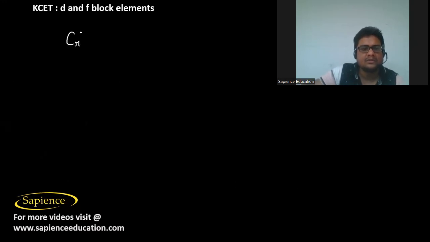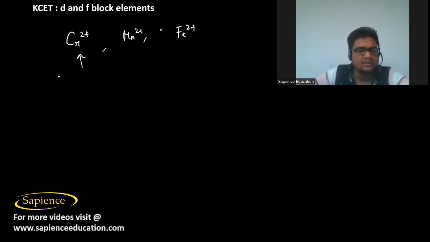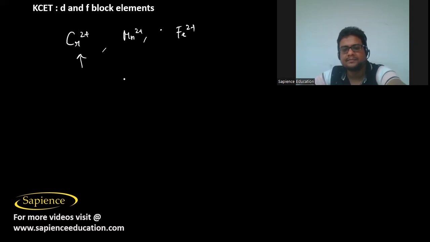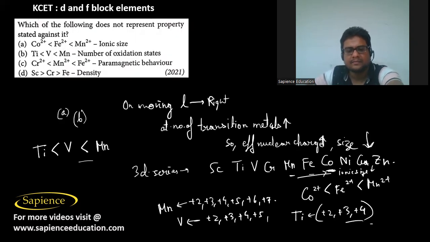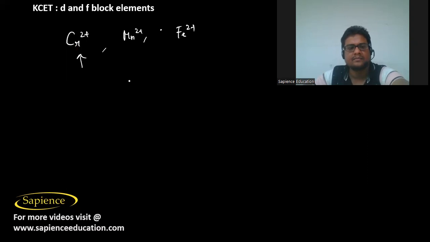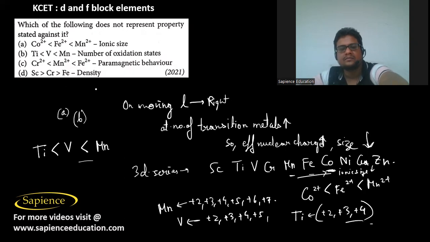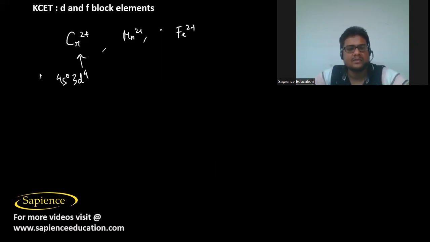So now it is told chromium 2 plus and Mn 2 plus and about Fe 2 plus. So their electronic configurations for Cr 2 plus, so it is 4s0 3d4, that is argon 4s0 3d4, so it has got 4 unpaired electrons.